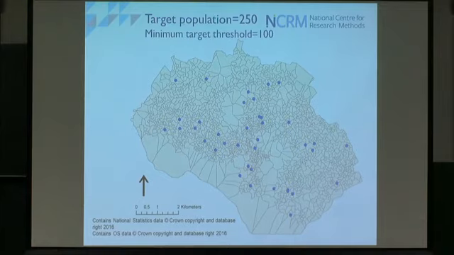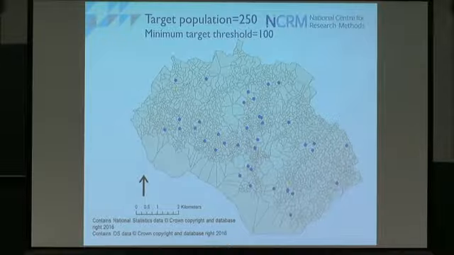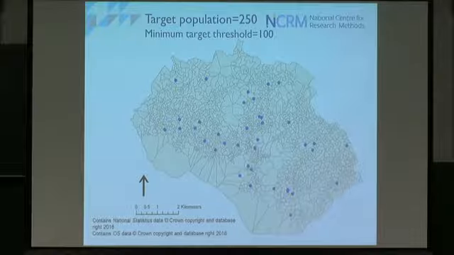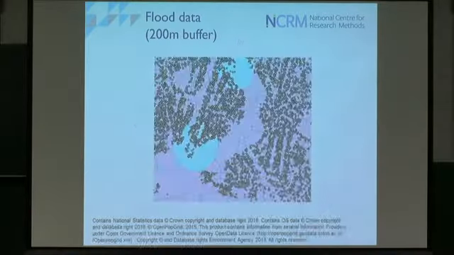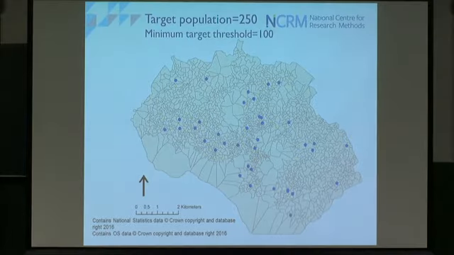Now I'll show a range of zonations based on differing target populations which we set. We start off with our postcode building blocks like this, and then we have a range of targets. This is a zonation based on a target population of 250 people with a minimum threshold of 100, and it arrives at this zonation.